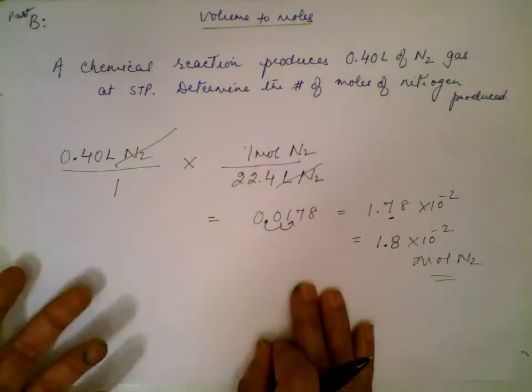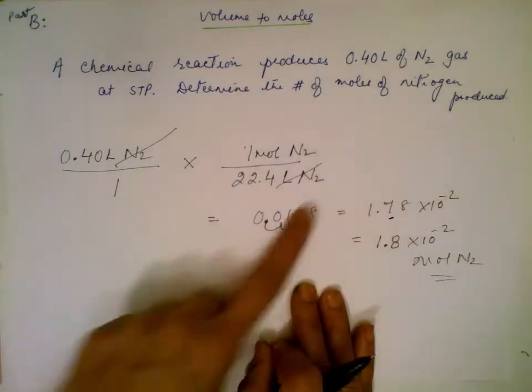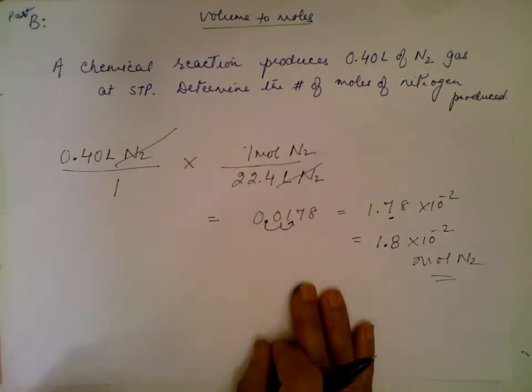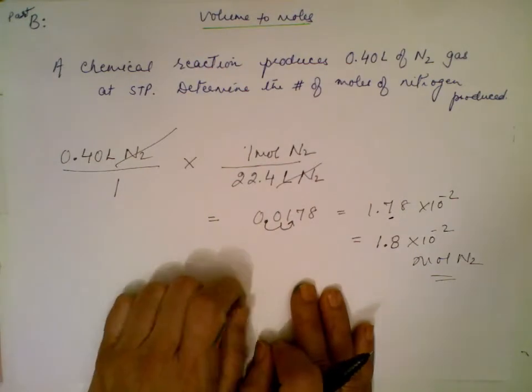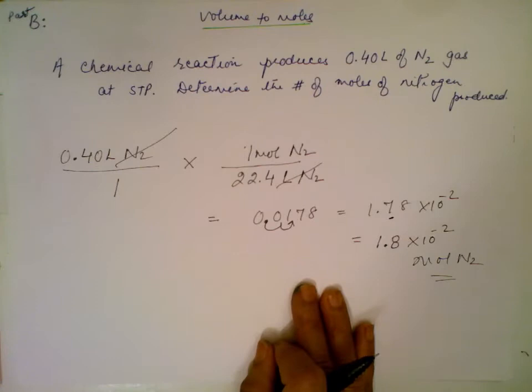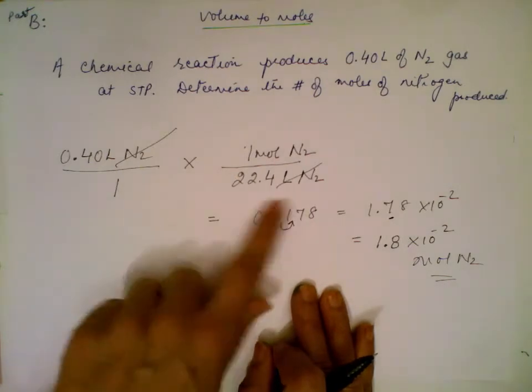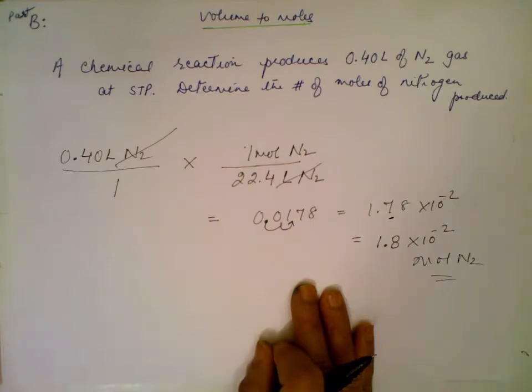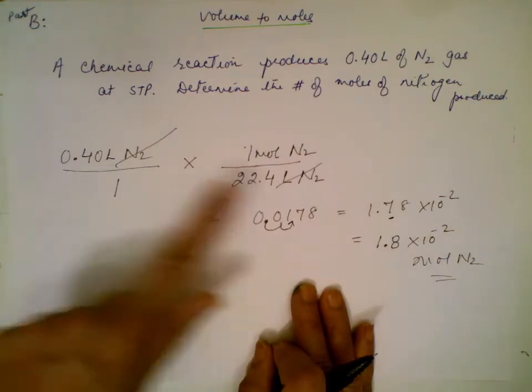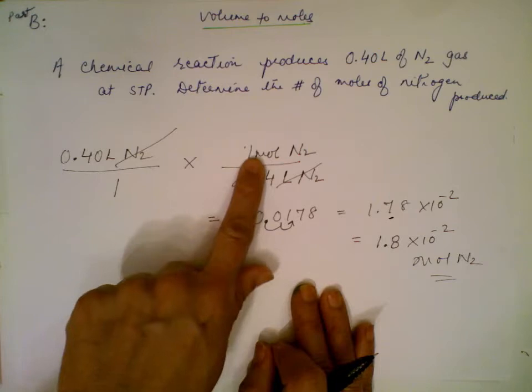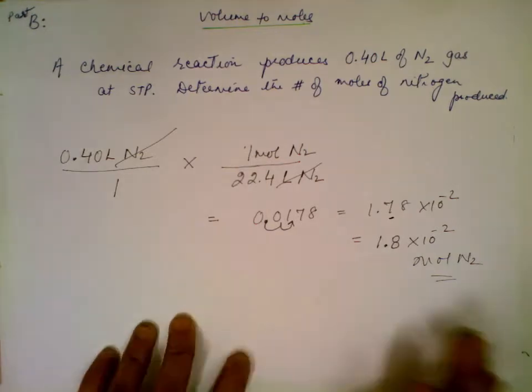Your answer would be because you have to set up this conversion factor in such a way that it cancels out the units that you don't need and leaves just those units that you do need at the end. That is the reason you have this written inversely. Okay, so liters get cancelled, mole is the one you needed, and that's what you are left with.